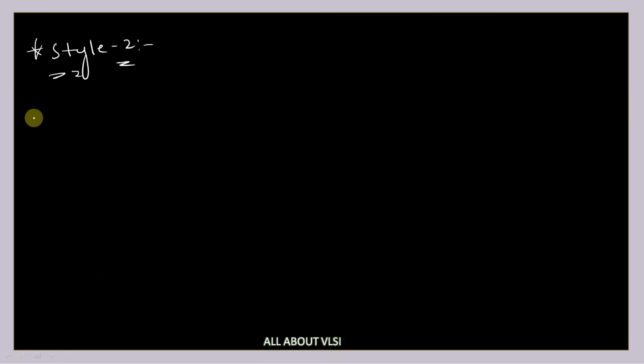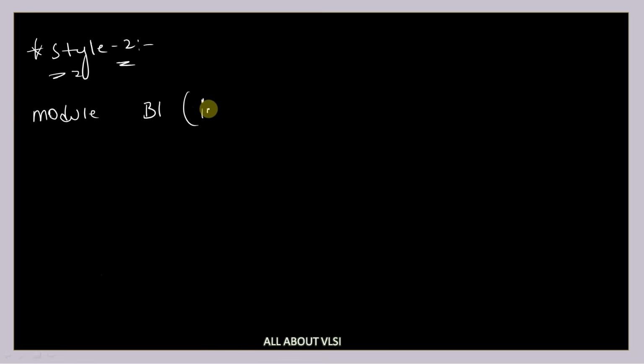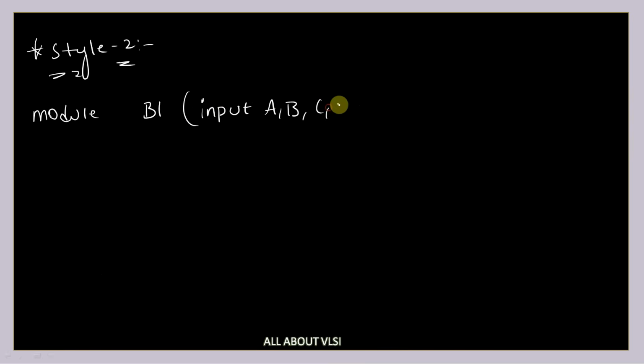So what is style two? We will simply write down the module followed by module name, and when we are declaring our ports itself, we are going to provide the directions to the ports. How to provide the directions with the declaration? Simply write down input A comma B comma C comma output X comma Y. This is how we are also going to provide the directions, followed by the code which we are going to have, and followed by end module.